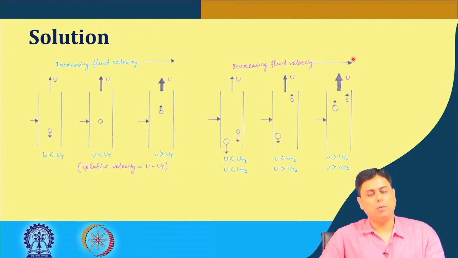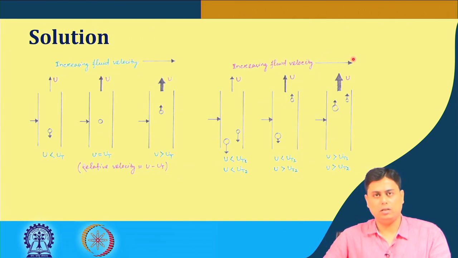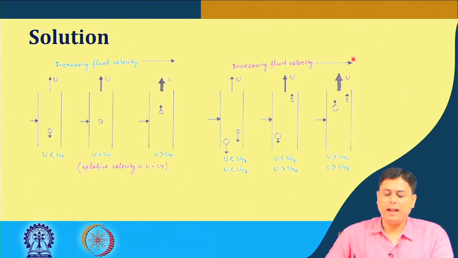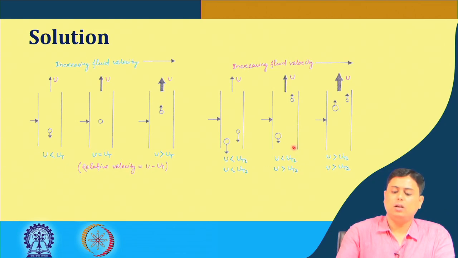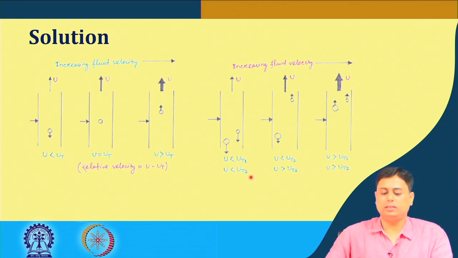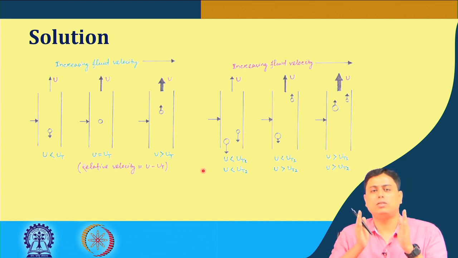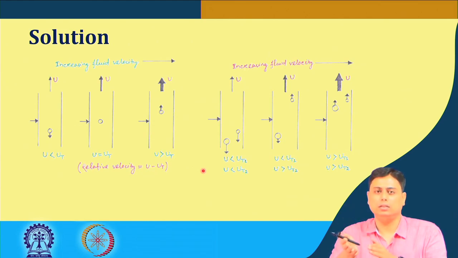So for complete separation, what do we need? We need a critical value of the fluid parameter such that this overlap of terminal velocity will not be there. There will be a clear separation of the terminal velocity ranges. And if that happens, then one material can clearly be separated from the other.